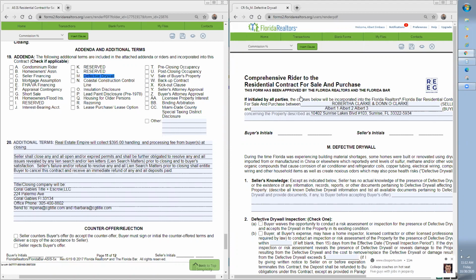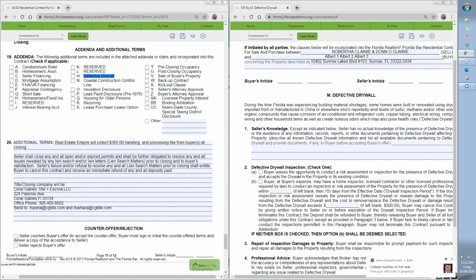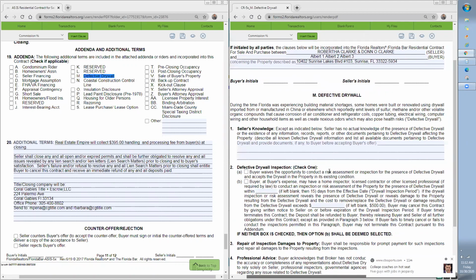And it basically says that the seller has no knowledge, okay, of the property having Chinese drywall or defective drywall. Sorry, you can't say Chinese because it is discriminatory. It says that the owner has no knowledge of defective drywall being used in the property. Could be true, but we don't know. So how do we find out?